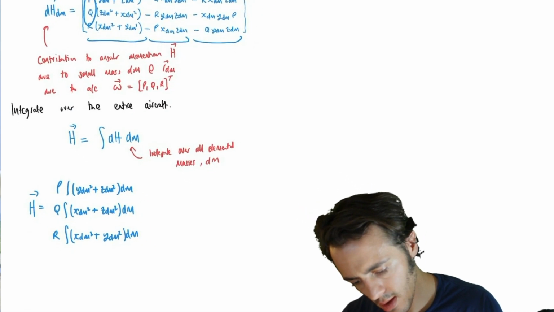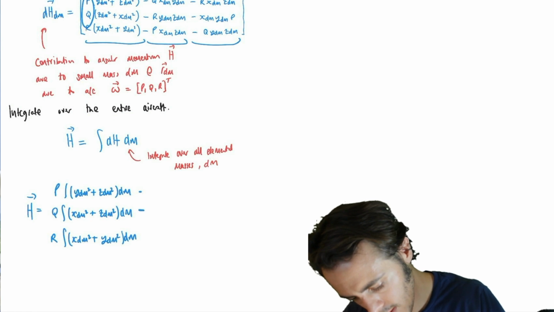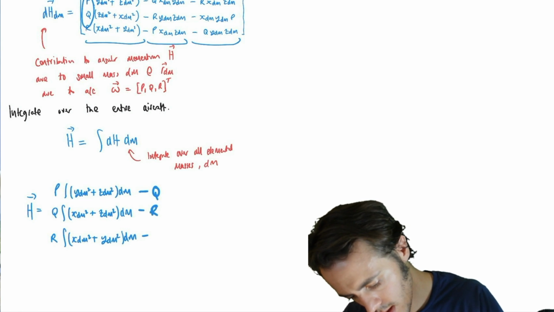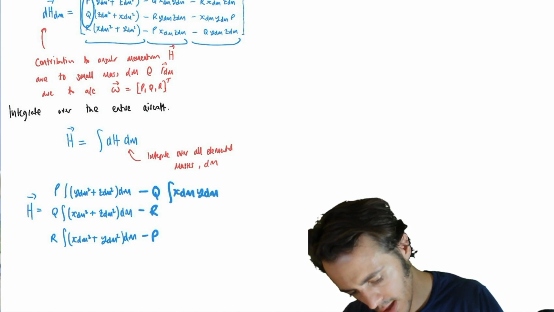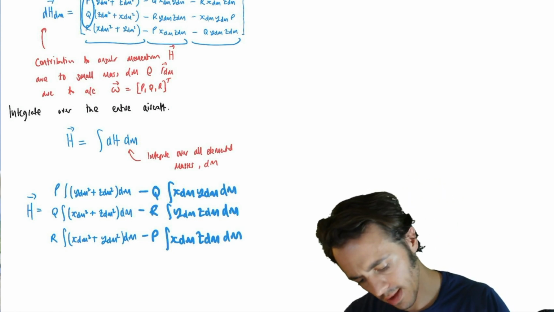Zooming out a little bit, I'll see if I can write this small and keep it neat. We're then going to have minus, minus, minus q, r and p. So I'll have the integral of x dm y dm dm, integral of y dm z dm dm, and then the integral of x dm z dm dm, and then I've got these last terms.